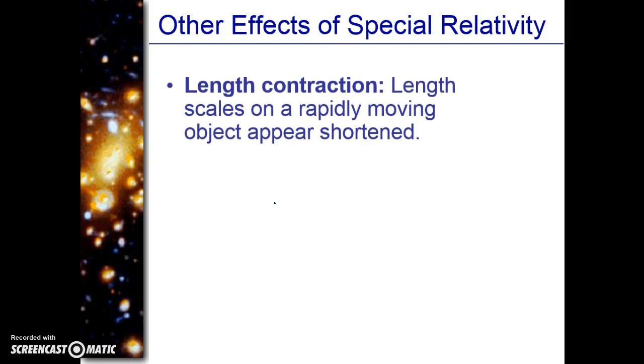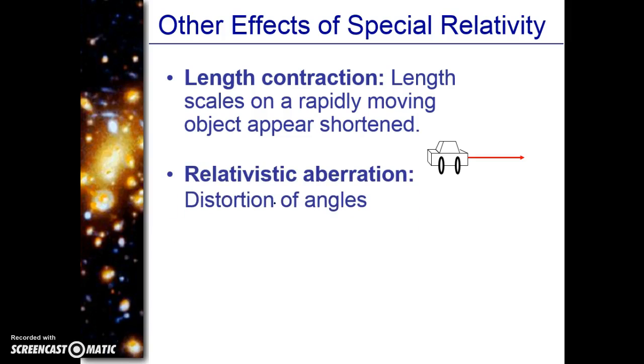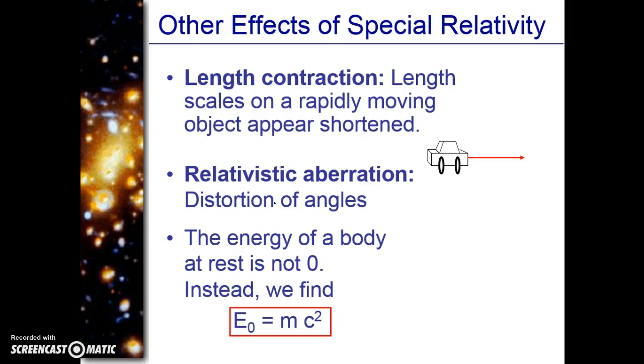Okay. Other effects that have come about with special relativity are length contraction. As we saw in the video, if something is moving extremely fast, the object will appear to be kind of smushed, right? Relativistic aberration is where the angles are going to be distorted, and then the energy of a body at rest is not zero.